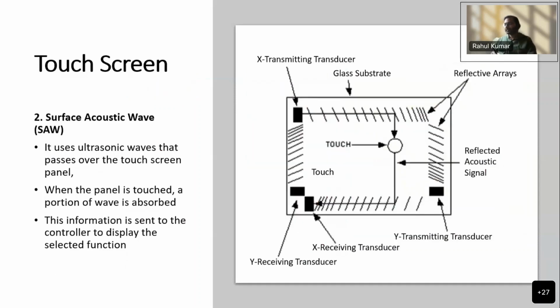The next type of touchscreen technology which is used is your surface acoustic wave, or SAW in short. How these are produced is basically on, let's say, a glass substrate, you print some conducting strips very close to each other.